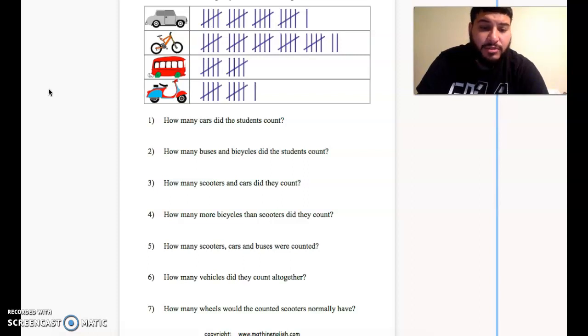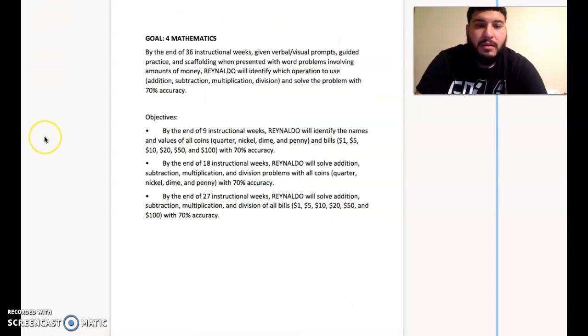How many vehicles did they count altogether? Number 7. How many wheels would the counted scooters normally have? Let's move on to goal number 4.